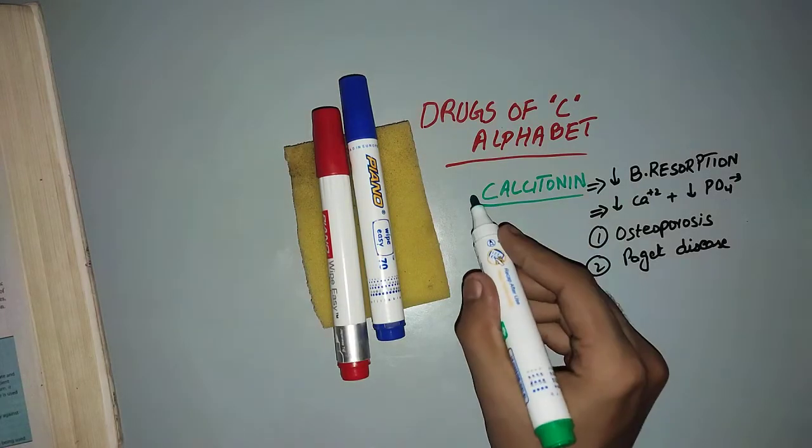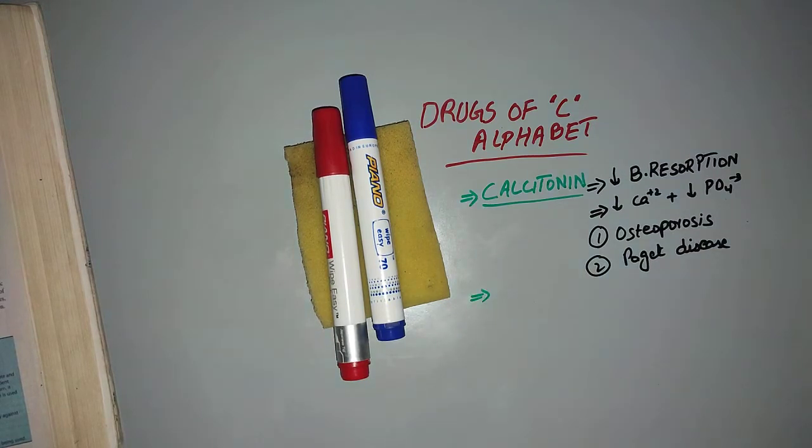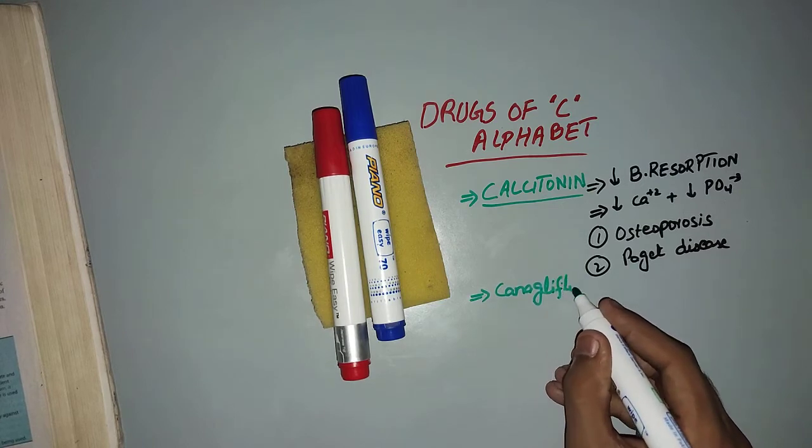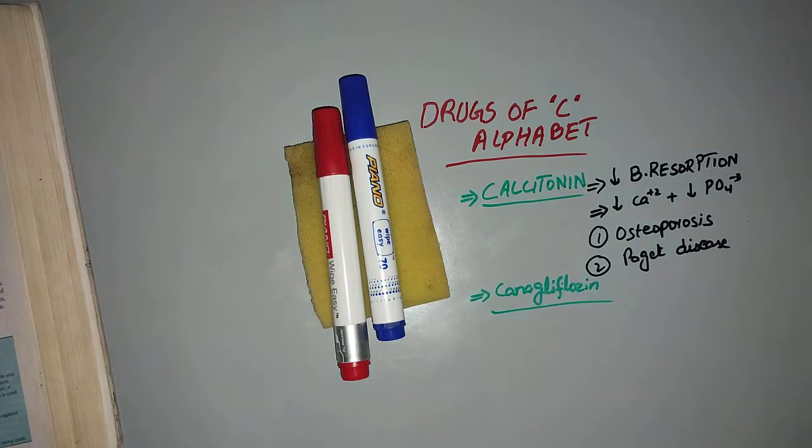The next drug is canagliflozin. Canagliflozin is an inhibitor of sodium glucose cotransporter type 2, which is located in the renal tubules. So this drug causes diuresis of sodium and glucose. It is a diuretic and it is beneficial in patients of type 2 diabetes, and since it is a diuretic, it can be used in heart failure, specifically in diabetic patients.